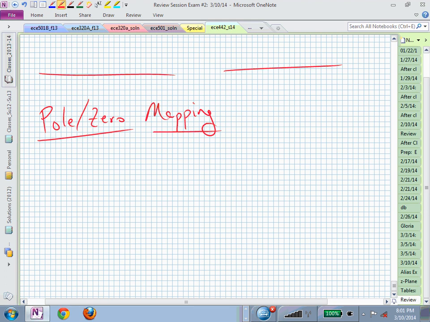Well, I'm assuming you can map z is equal to e to the sT for the poles and the zeros, for the finite zeros and the poles. What you're looking for here, the pole zero excess, that's going to lead to so many z plus 1 factors in your numerator. And you match the gains.